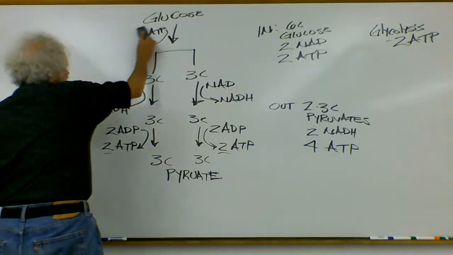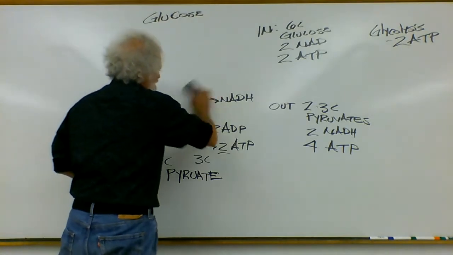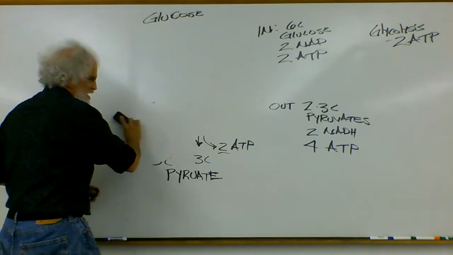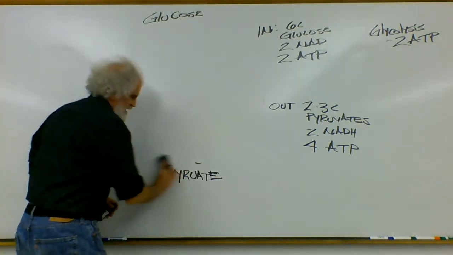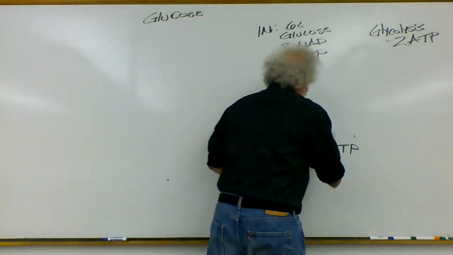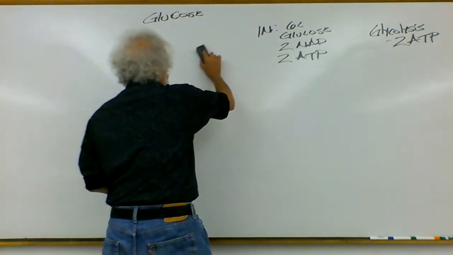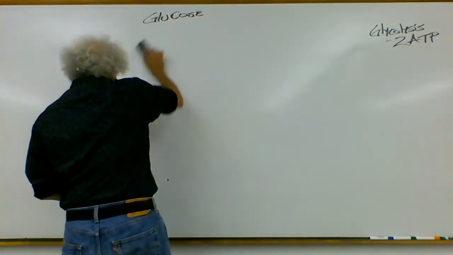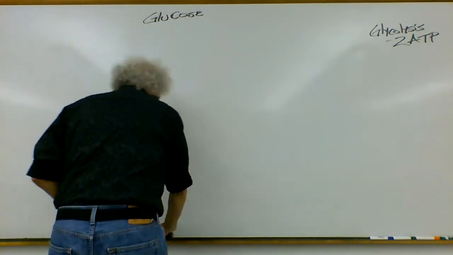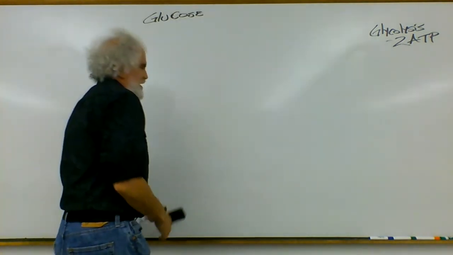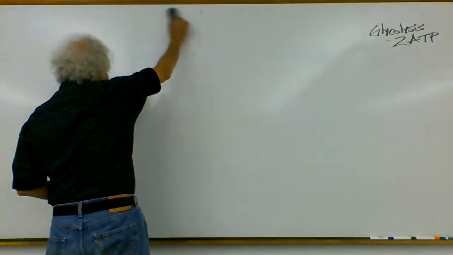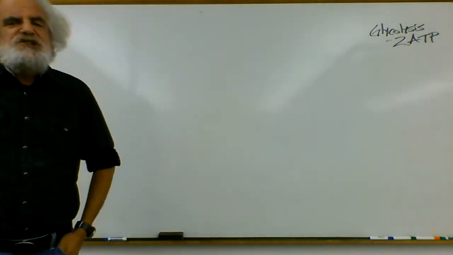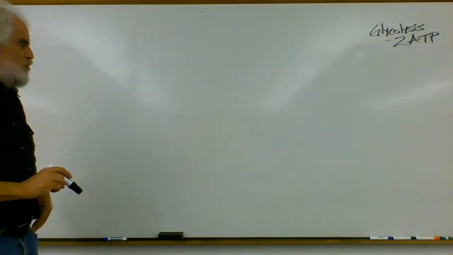The next step from glycolysis is the Krebs cycle. Now, if you recall, we talked about sort of splitting things in terms of the steps, and I like the Krebs cycle, but the next step is this.